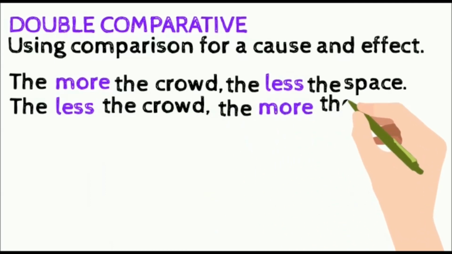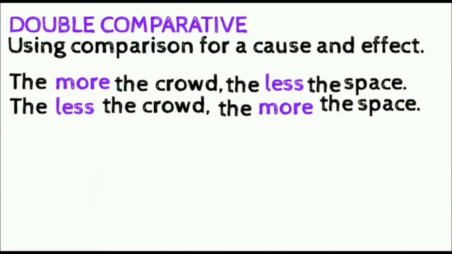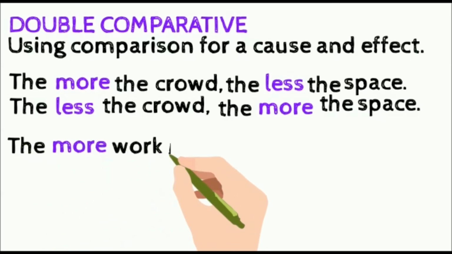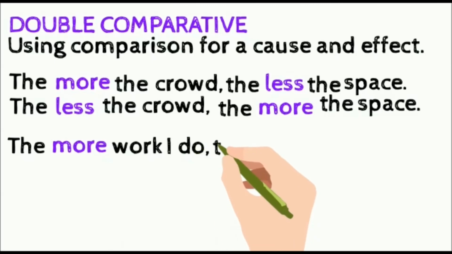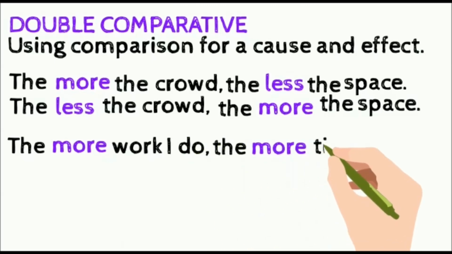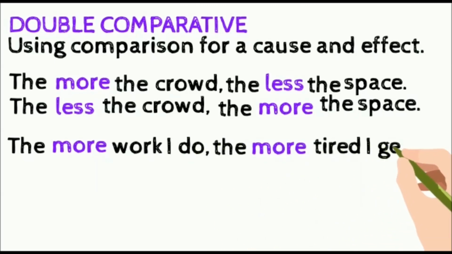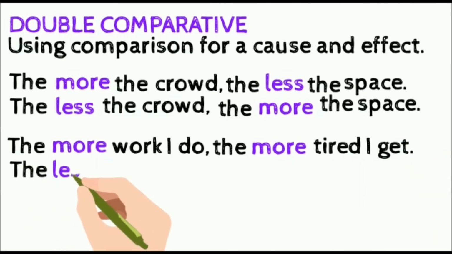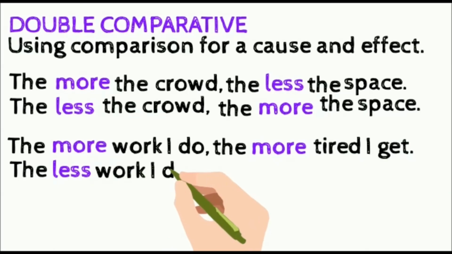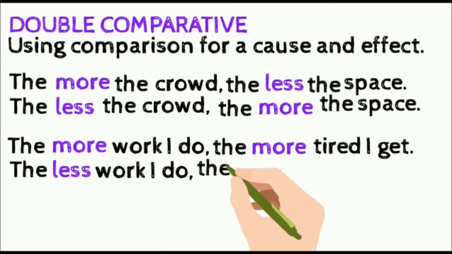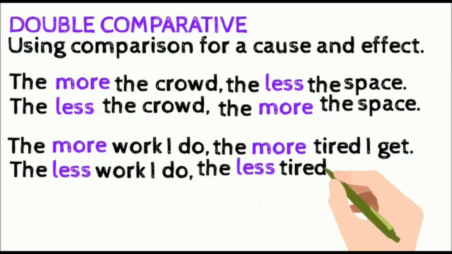Here we're using less in the beginning, and in the second half we're using more. Another example, the more work I do, the more tired I get. Here, in both the halves of the sentence, we are using more. The less work I do, the less tired I get. Here, less is being used in both the halves of the sentence.